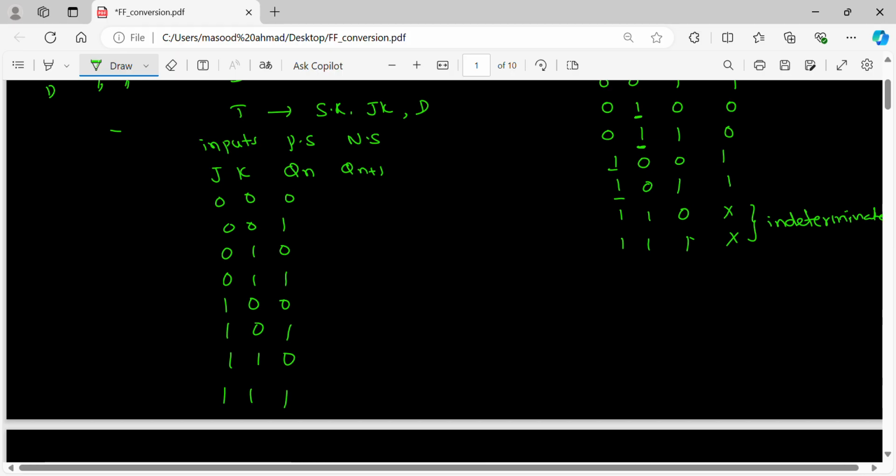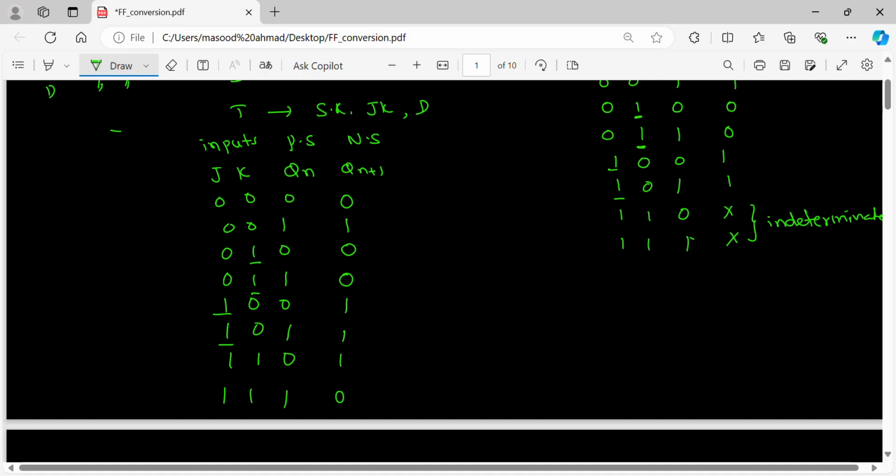When J is equal to 0 and K is equal to 0, these two cases are no change. When it is 0 1, K acts as a reset, so the output is 0. When you are asking for set, the output is 1. But in the last two cases, if the present state is 0, the next state will be 1. If the present state is 1, the next state is 0.